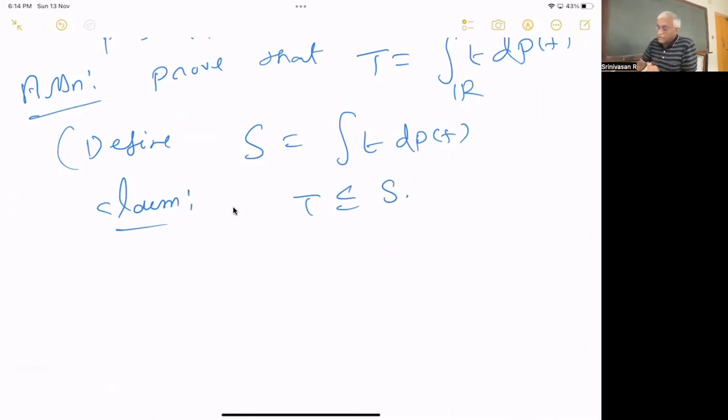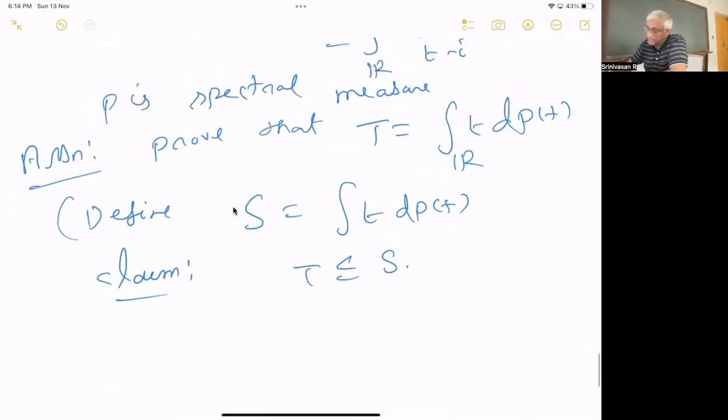How do you prove that? You have to prove basically that T minus I is contained in S minus I. If something is in the domain of T, it means the integral of mod t squared dP_t is less than infinity.